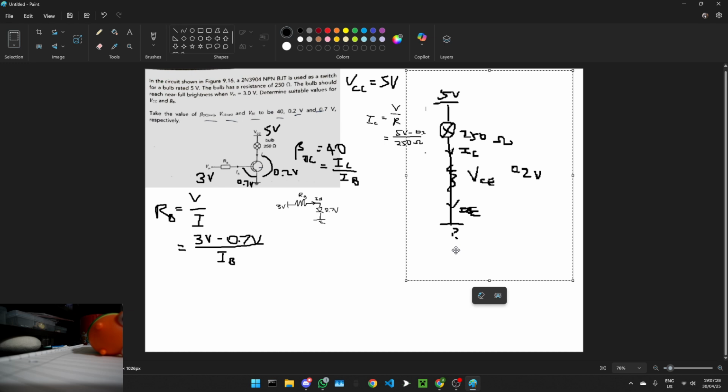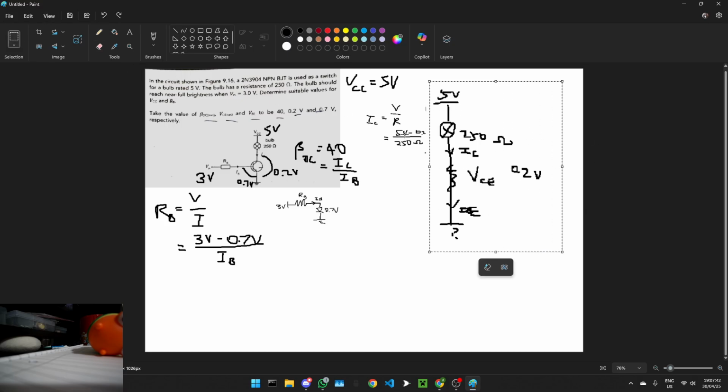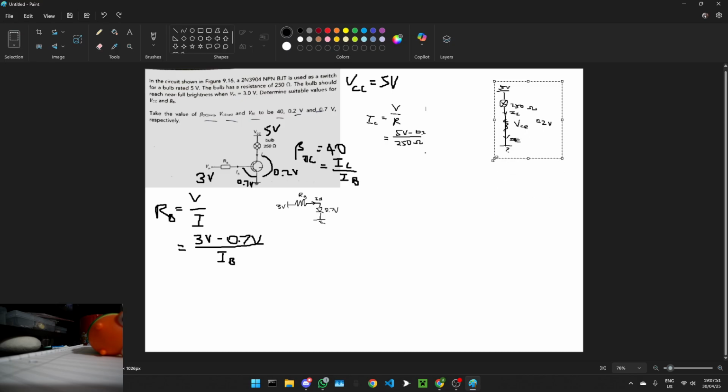But in this case, it is not, because of some other elements at play. So IC is not equal to IE. In this case, we take 5 volts minus 0.2 volts to find the current IC, which is independent from IE. So we do this. So we have IC.